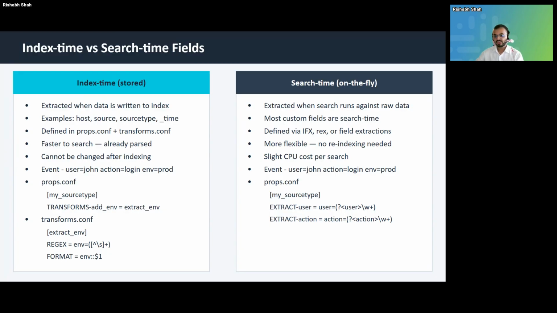The advantage of this extraction is that it will work on all the logs. It does not matter whether the logs were ingested earlier or later. It will basically work for all the events. So in case you made a mistake, you just correct it, and all the events will have the updated username.